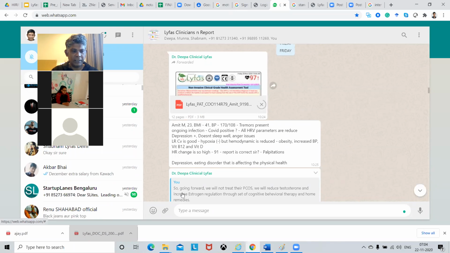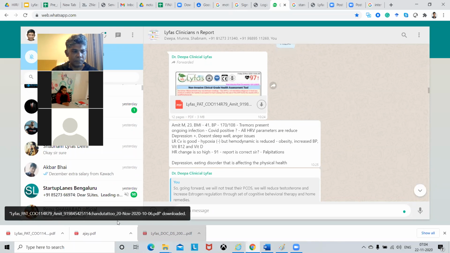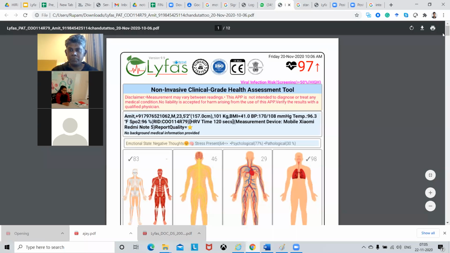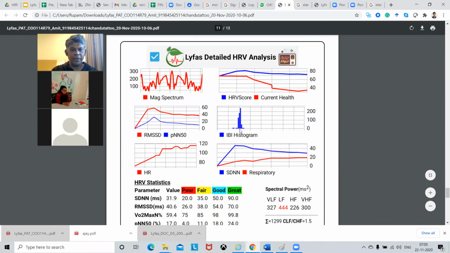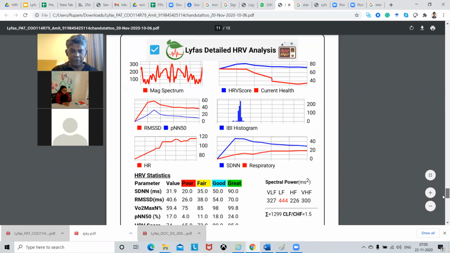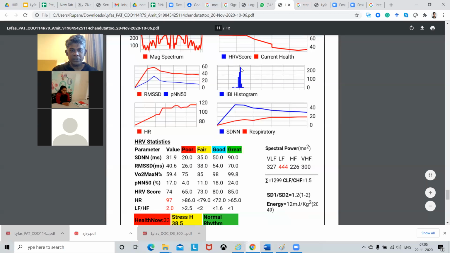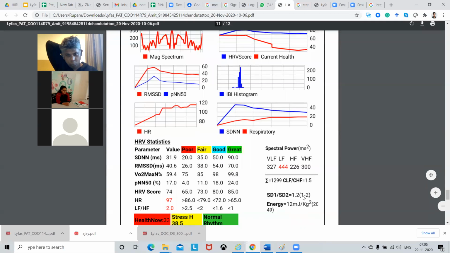Let's say this patient over here. We go over here and you see heart rate variability is on the lower side, because you are getting no smaller buildings, one big building. And if you take SD1 by SD2, which is around 1.2, this is more or less normal.